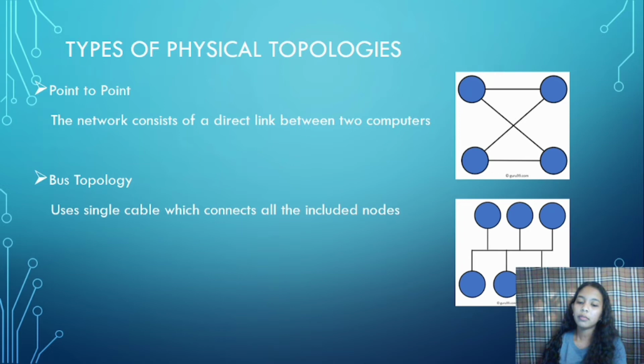Since it is the easiest, this has an advantage. This type of topology is the fastest and highly reliable compared to other types of connections since there is a direct connection between two computers.